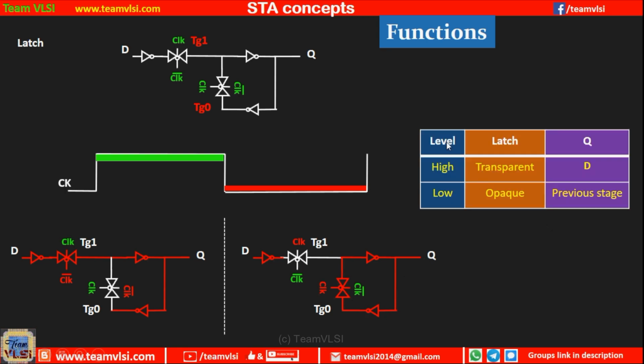A similar thing we can represent in a tabular form like this. When the level is high, the latch is transparent and Q is nothing but the D input, and when the clock level is low, the latch is opaque and it retains the previous state.